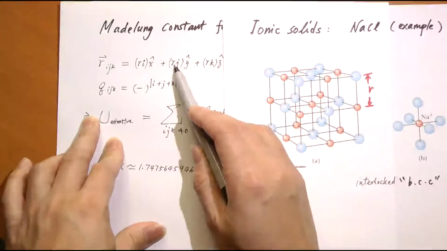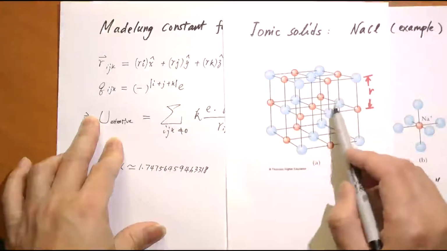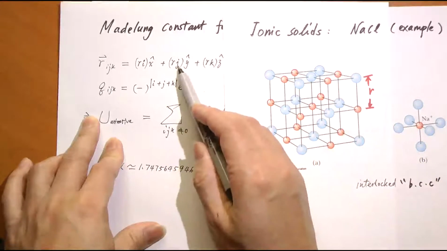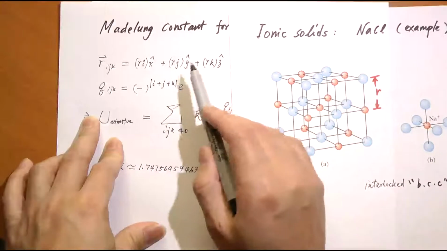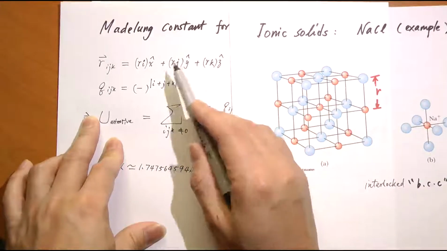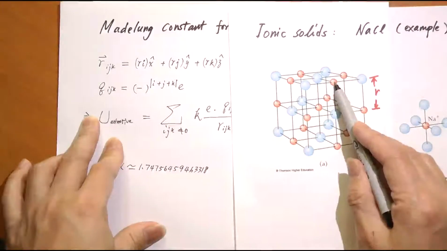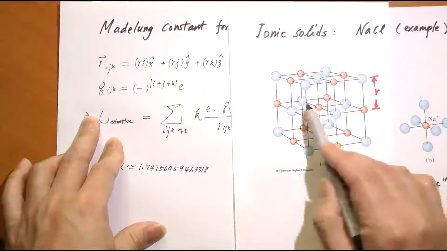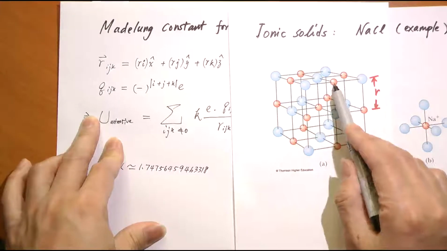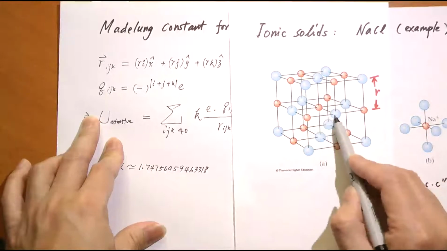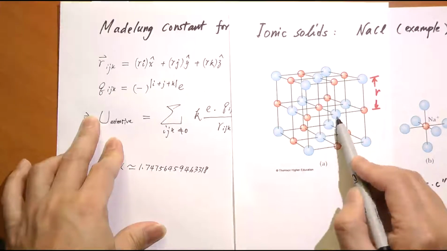And then also in the y direction, you go several steps up or several steps down. That will determine the constant j here. j is also an integer. R times j, for example, this ion would have j equal to positive 1. If you start here, this ion would have j equal to 0 if this is the x-axis, but this one would have j equal to 1 if you call this the y-axis, right?